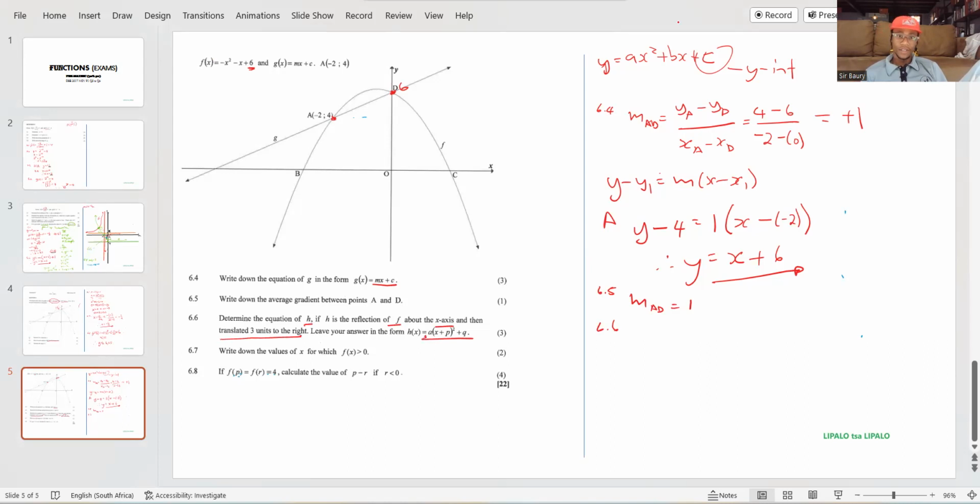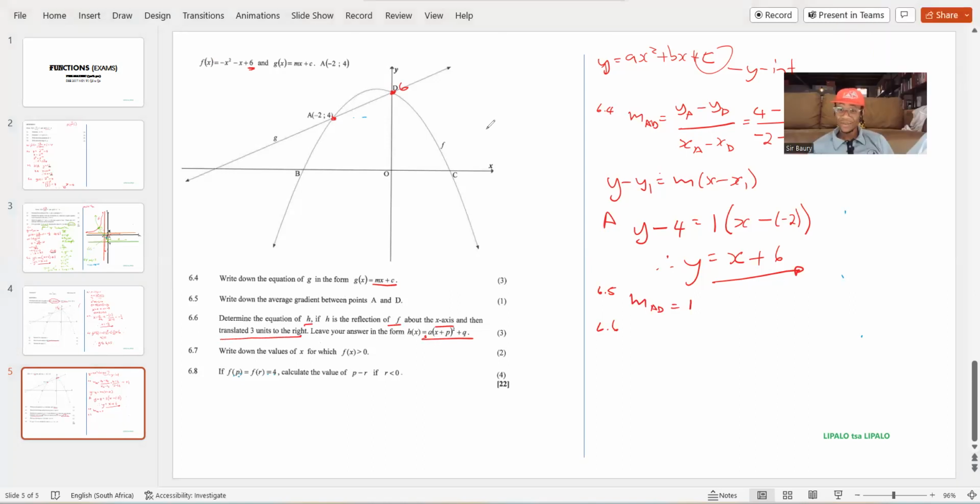Reflection. Let me speak about reflection quickly. You must be excited when you get these sort of questions. We have, for grade 11, 2 types of reflection. Then when you get to matric, it's 3. First one, along x. What changes?